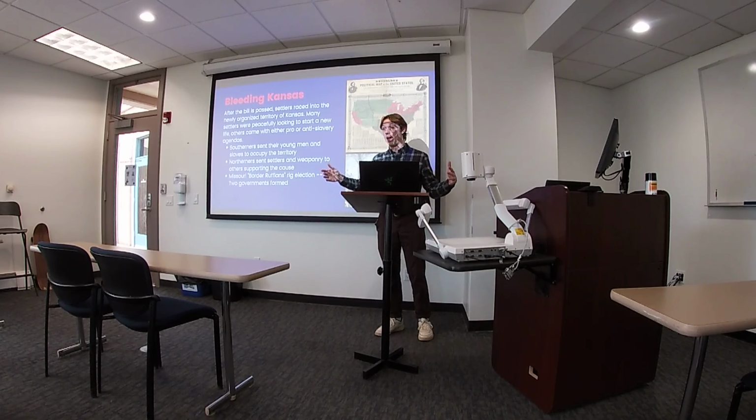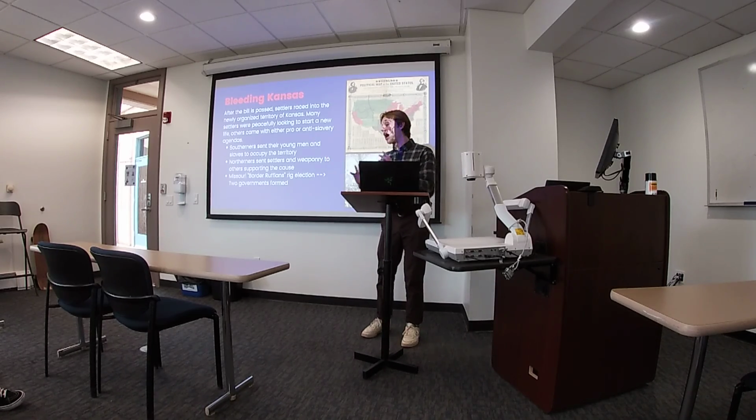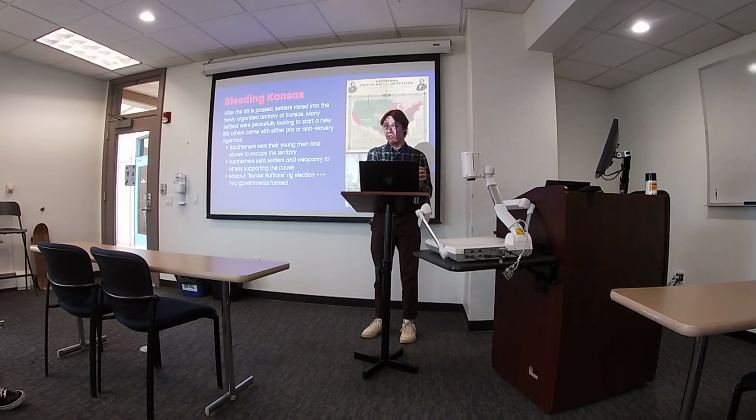This made slavery pass in Kansas and caused a ton of outrage across the United States. Battles broke out. Two different governments formed, one pro-slavery, one anti-slavery, both within Kansas. This is never a good thing when you get two different warring governments.